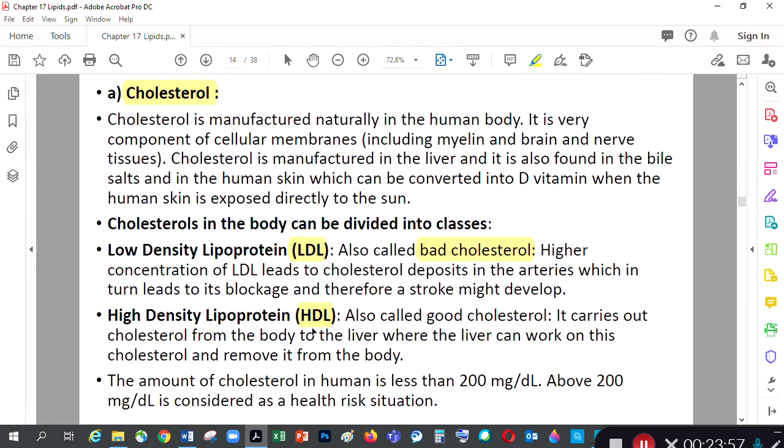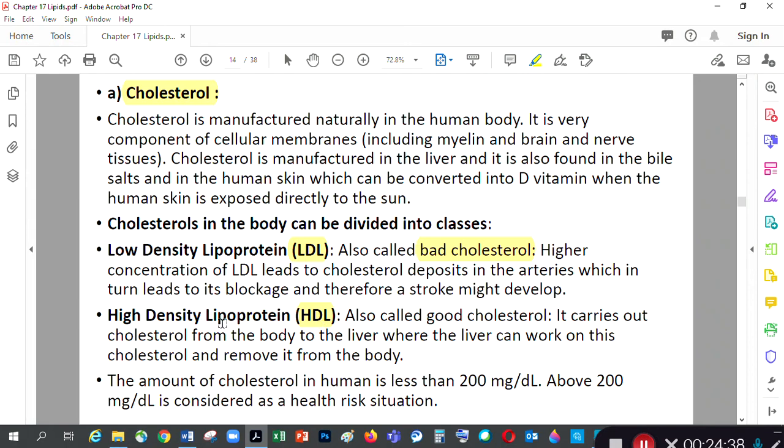However, the high density lipoprotein works the opposite way. It's a good cholesterol. It's really moving this LDL, low density lipoprotein, away, by emulsifying it and dissolving it, because both of them are non-polar. So it takes it out of the bloodstream and brings it to the liver, so the liver can work on this LDL, or just store it in places where it can be used for other things rather than staying in the bloodstream.